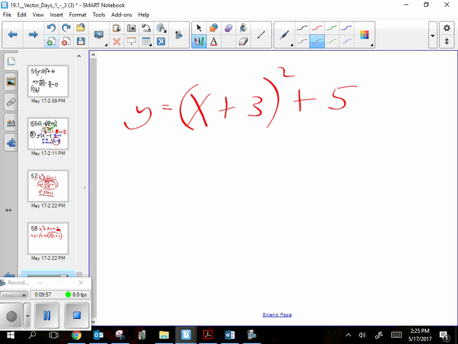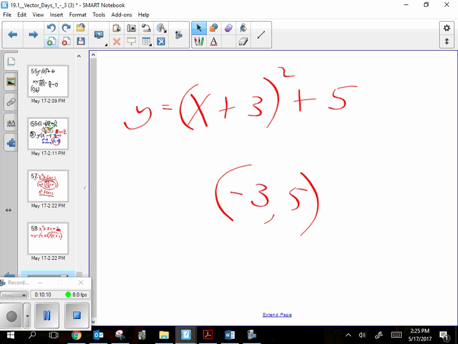The vertex is super easy. Remember the deal where you don't trust the stuff on the inside? So what's the vertex of this? Negative 3 comma 5. That's it. Done. You can see them. When they're in this form, that's the vertex. See, it's that quick. That's the kind you hope for on the test, because it's just right there.